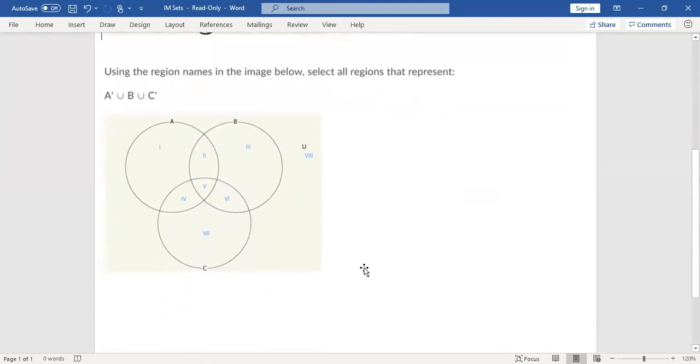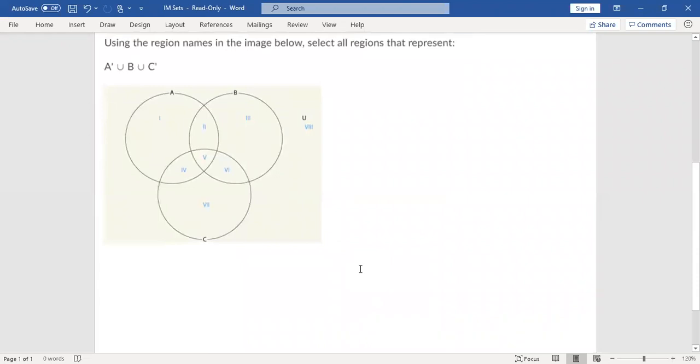So let's look at the next one. So again, you see the complement of A. So remember, the complement means everything outside of that circle A. So that would be 3, 6, 7, and 8. Don't forget this one on the outside.